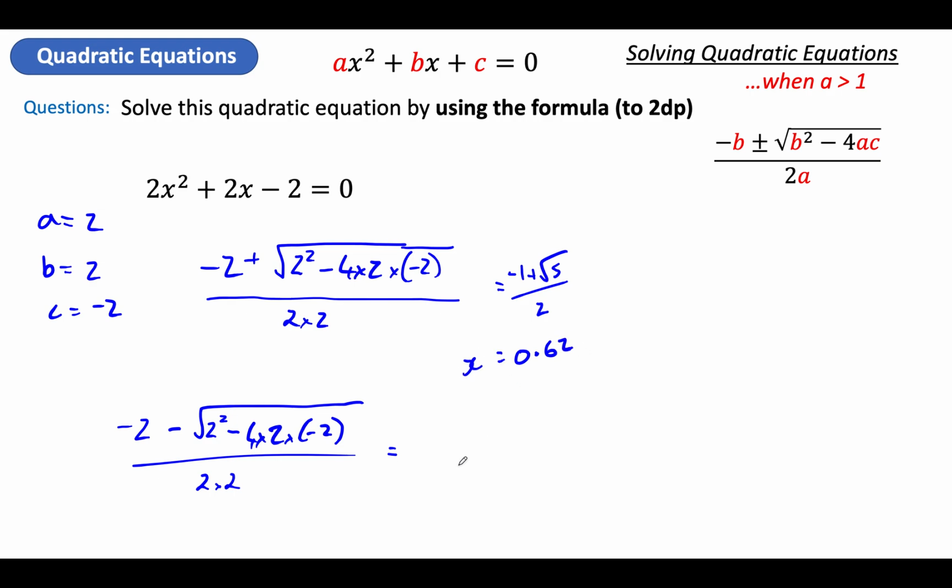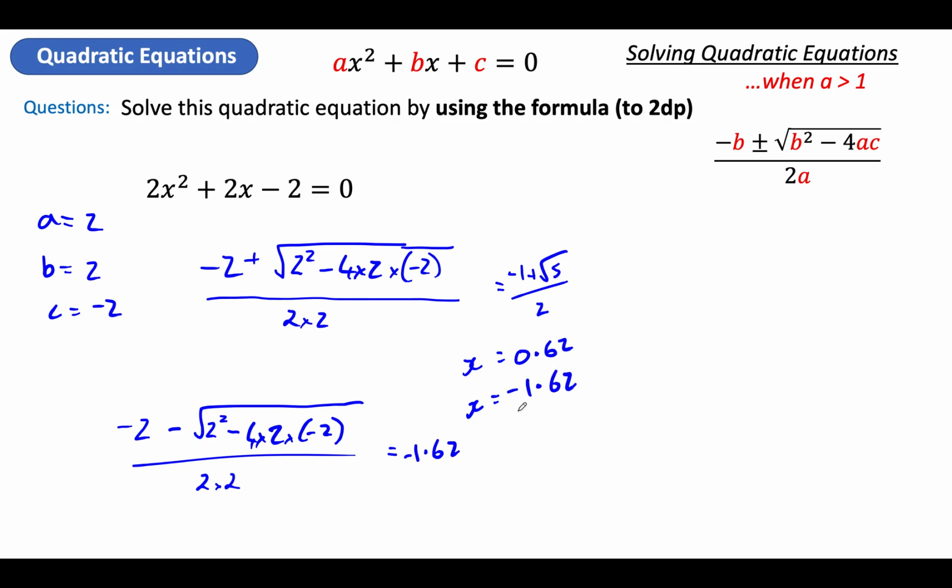is my first solution. If you use the cursors and go back, you don't need to type the whole equation again. You can just go back and change that plus just before the square root for a minus, and then it very quickly gives you the new answer, which is negative 1.62. So my other answer is negative 1.62.